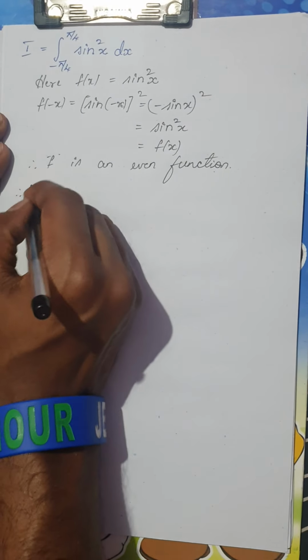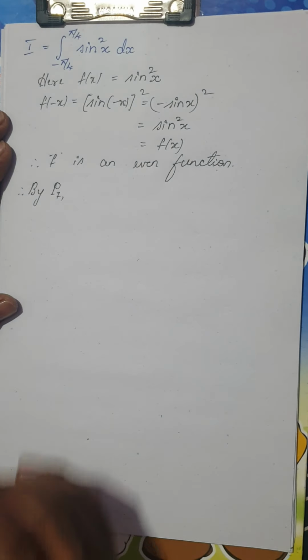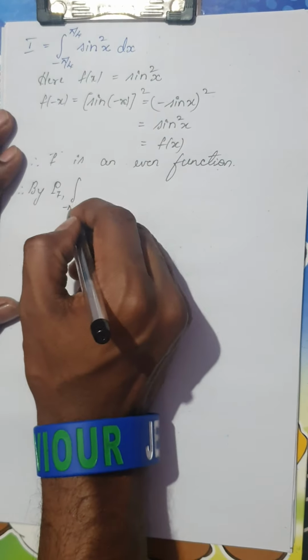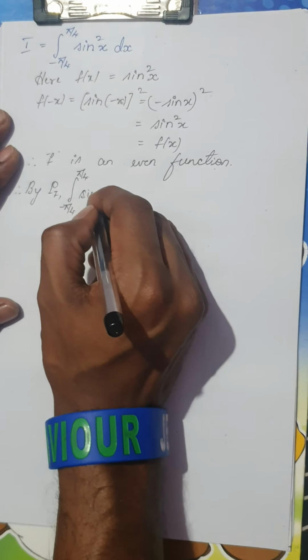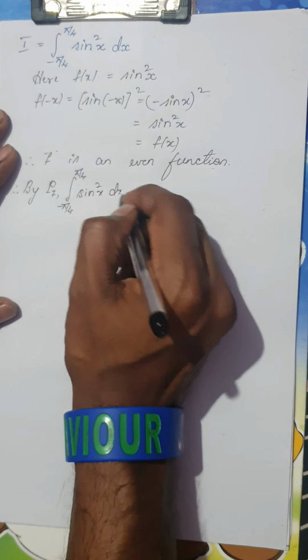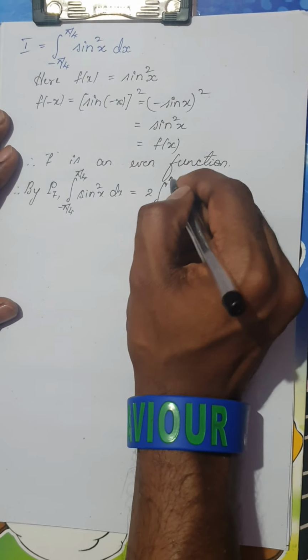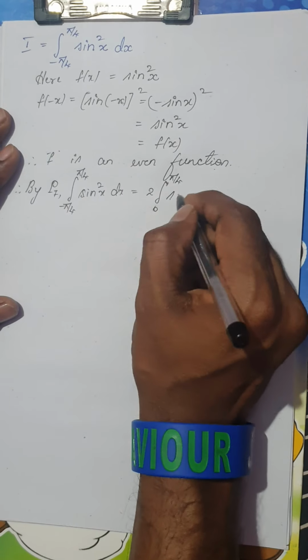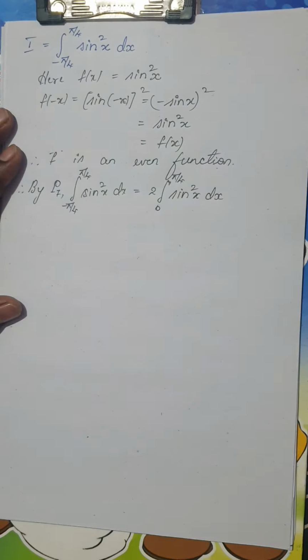Okay, therefore by P7, integral from minus pi by 4 to pi by 4 sine square x dx can be written as 2 times the integral 0 to pi by 4 sine square x dx.